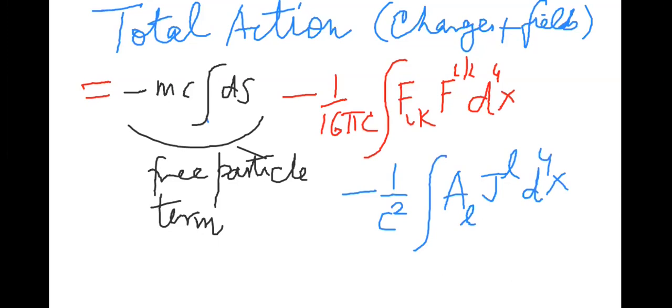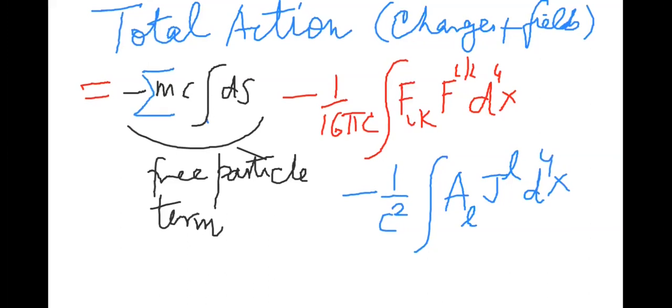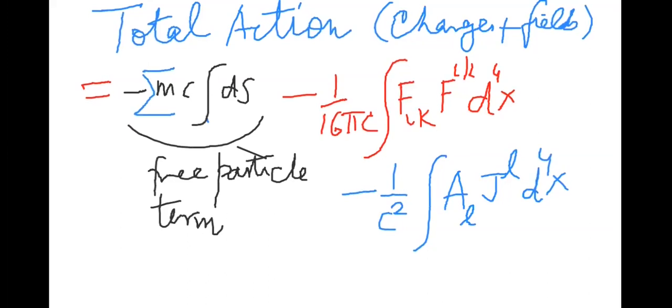So please recognize these terms. The first one is the free particle term, when the particle was free or the particles were free. So when you say particles were free, then you have to basically sum over other particles, right? Let us now put a suffix for the particle number. Let us call it A and then A here.